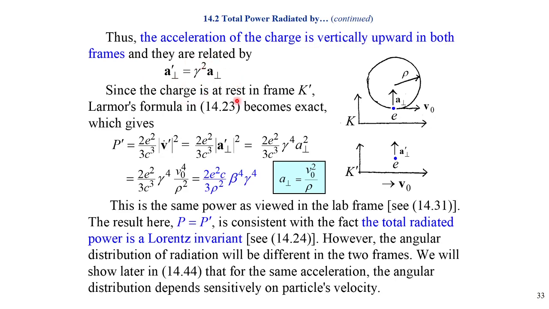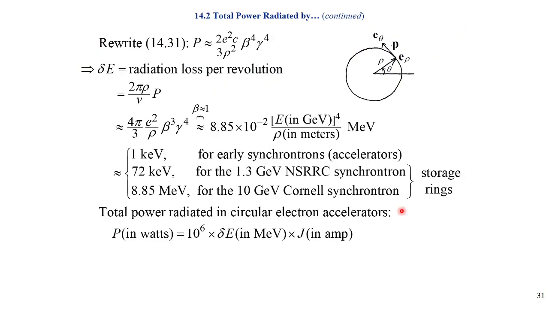Since the charge is at rest in the frame K prime, Larmor's formula in 14.23 becomes exact. We can use Larmor's formula. Because beta is very close to 0, it's exactly 0. Therefore, we just substitute everything in here. So eventually we got these terms. These terms are the same power as viewed in the lab frame.